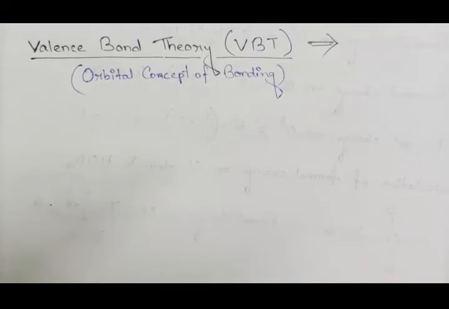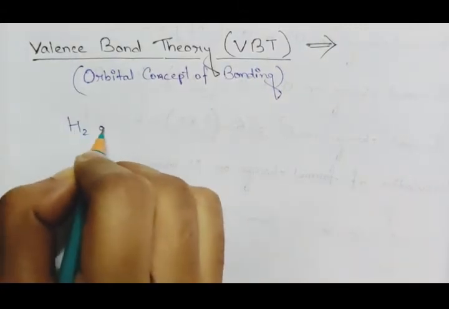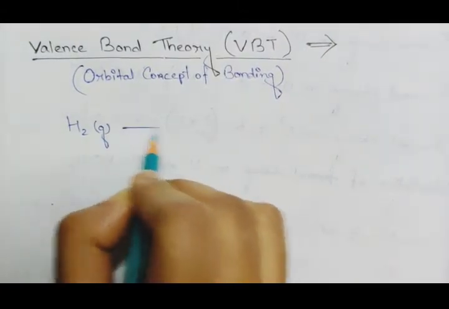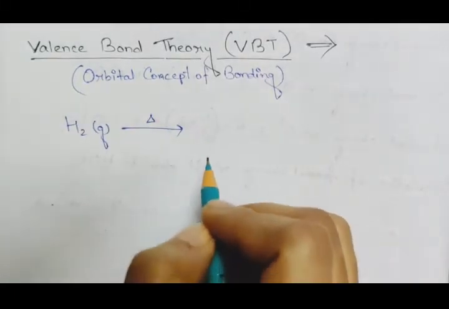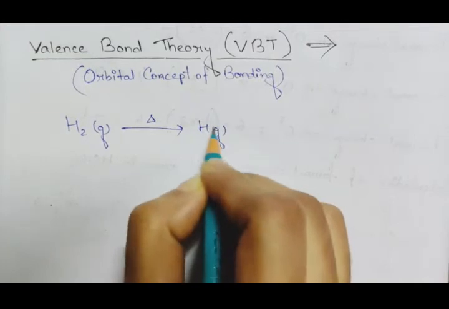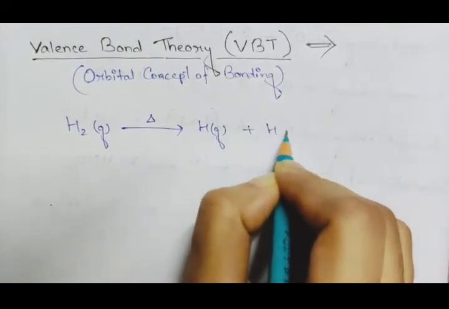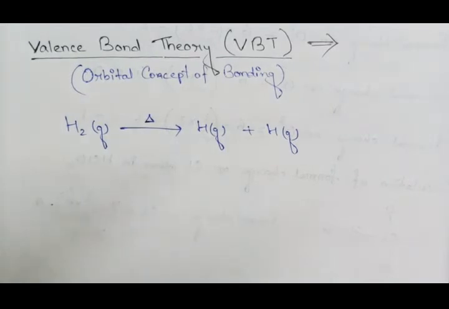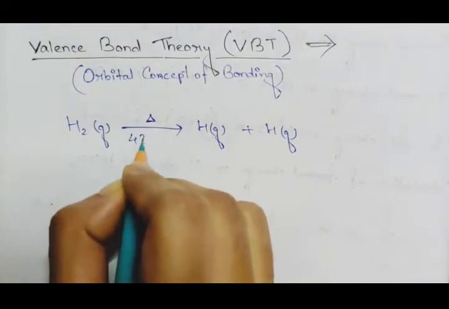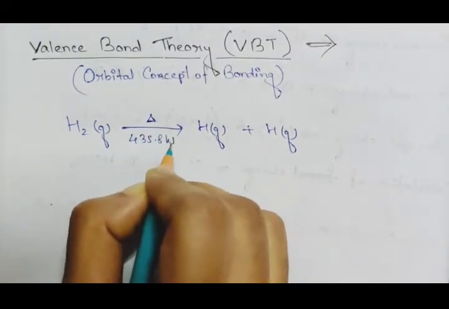Okay, so let's start with the dissociation of the hydrogen molecule. See, experimentally it is seen that when hydrogen gas, that means this diatomic hydrogen in gaseous state, is heated at very high temperature, it gets dissociated to form two separate hydrogen atoms in gaseous state, like this. And on heating, the energy required is nearly equal to 435.8 kilojoules.